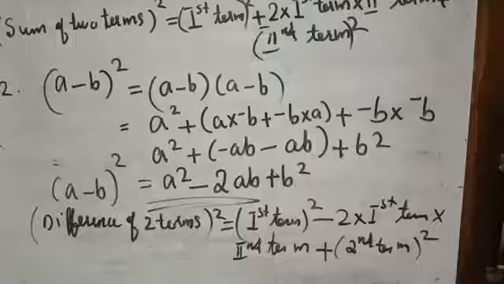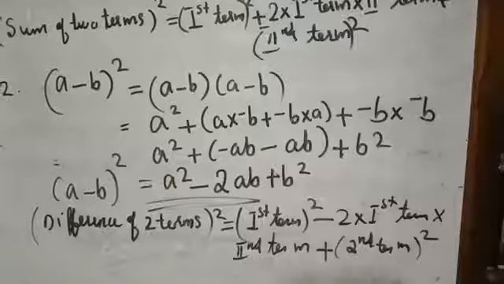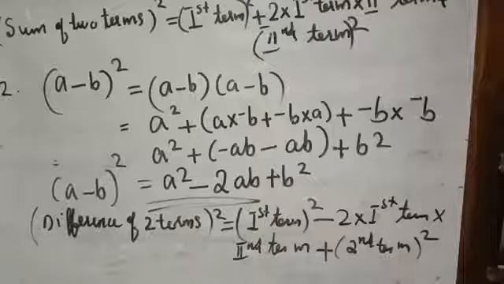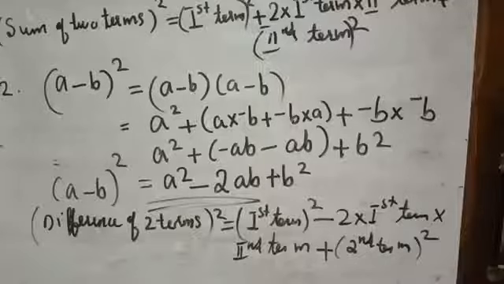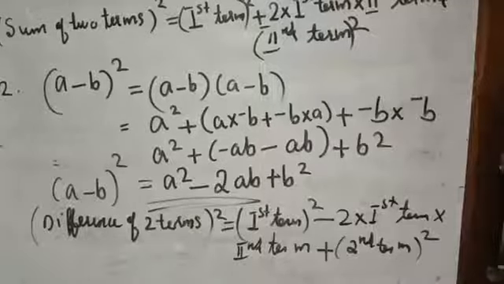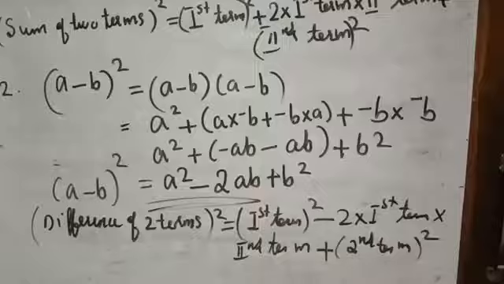Difference of two terms square is equal to first term square minus 2 into first term into second term plus second term the whole square. Okay, that is a minus b the whole square is equal to a square minus 2ab plus b square. These two equations you put in a bracket, or in a box. Clear?